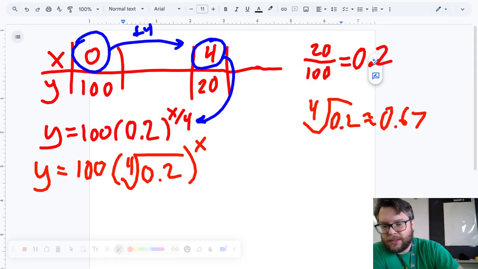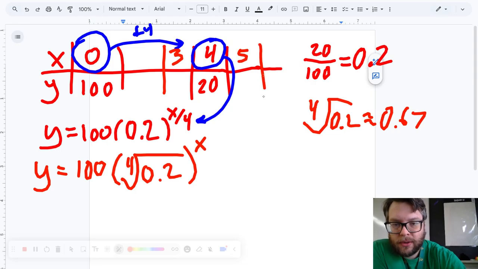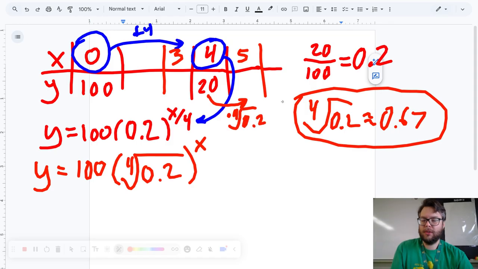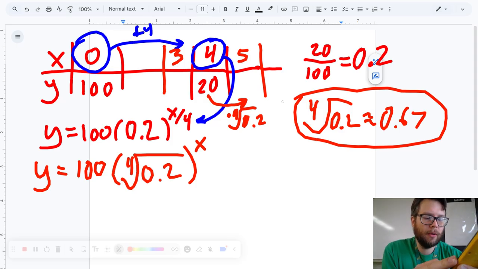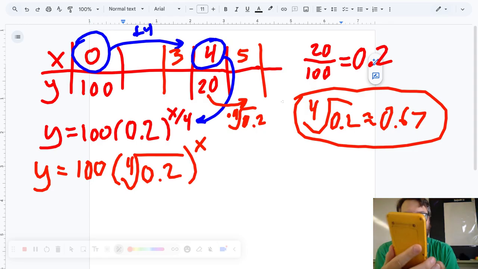So let's say that I wanted to figure out what y value comes when x is 3 or when x is 5. Well, I know to go to x equals 5, I just need to multiply by what my change is. I need to multiply by the 4th root of 0.2. And so if I multiply 20 times the 4th root of 0.2, I get that value right there, 13.37.